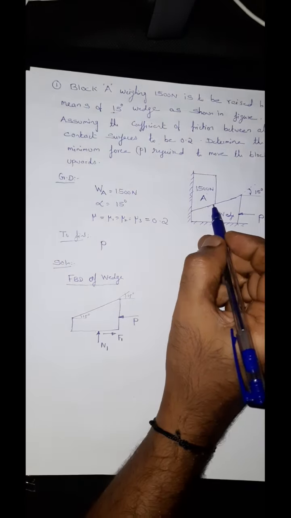Right. Then what about the angle? You can easily see this is 15 degrees. Right? We can just draw a triangle of this in a detailed manner. This is 15 degrees, this is your normal N2, and this is F2.